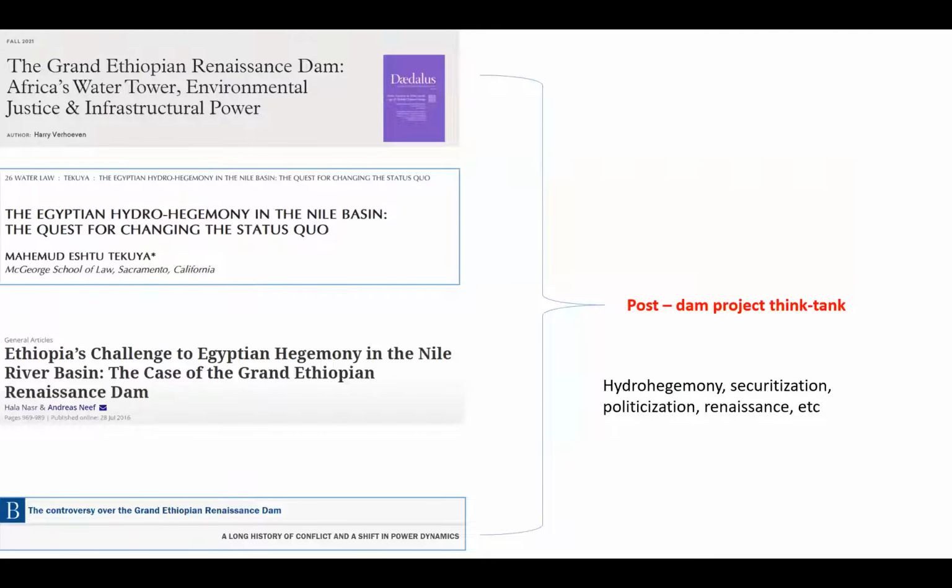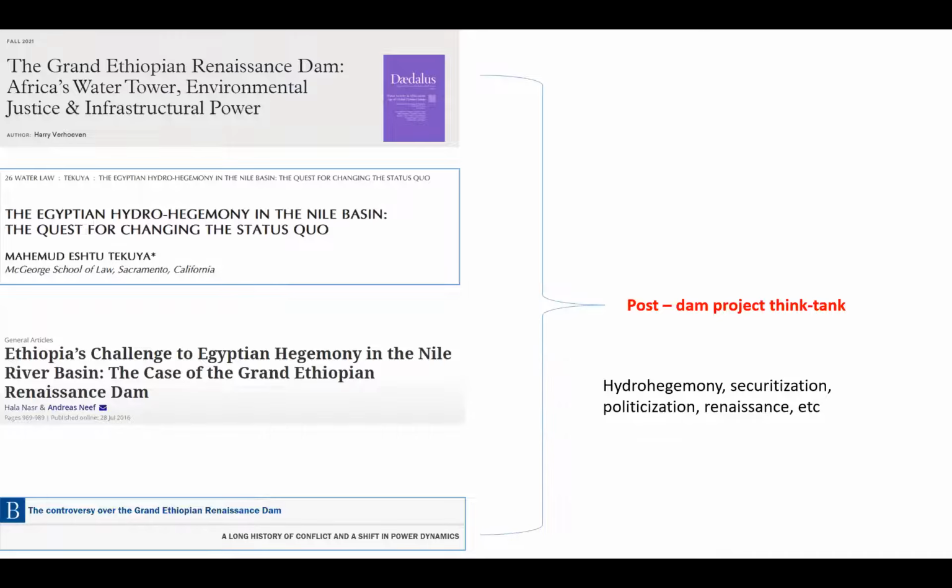Zenawi had to mobilize money from local sources: bonds, shares, donations, voluntary contributions, telethons, etc. Ethiopia adds the GERD to other water infrastructure under construction: Gibe 1, Gibe 2, Ganale, Kesem, Tendaho, Rib. These are other dams in other parts of the country.